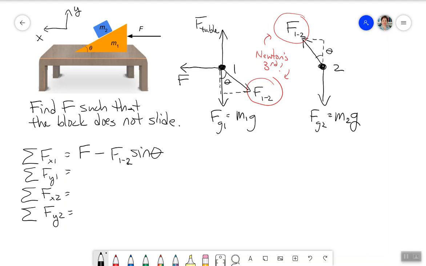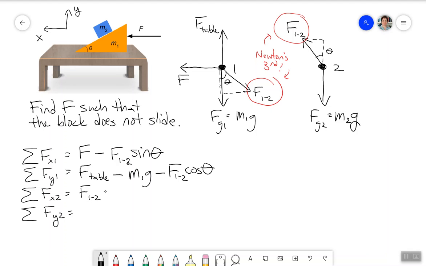And in the y direction, we have the upward force from the table. We have the downward force of gravity. And we have the downward force of the block on the ramp, so F1-2 cosine theta.